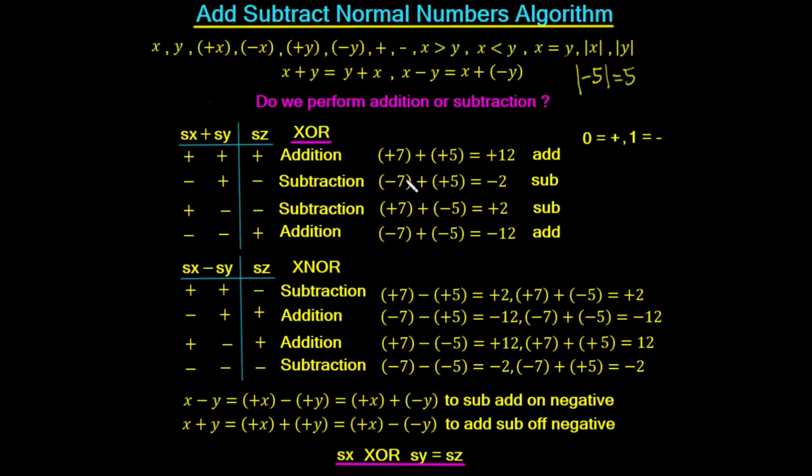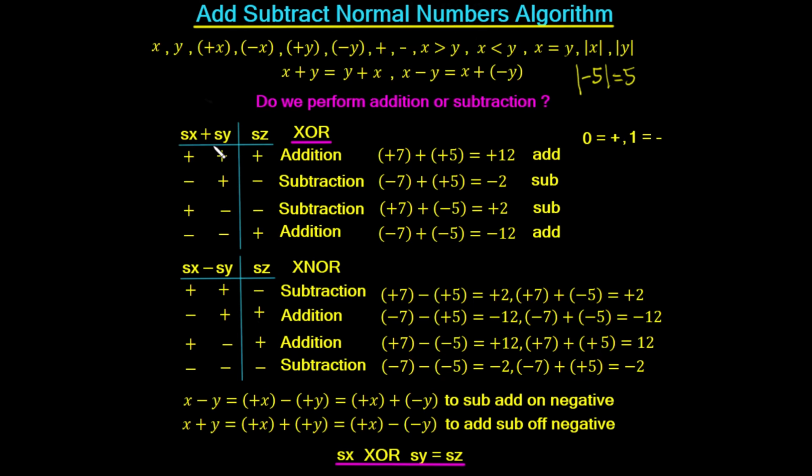We've really said 7 minus 5, which gave us the value of 2, and then the sign is computed separately and we've got a negative value for the sign. So if these signs are different, then we perform a subtraction algorithm. But if the signs are the same, we perform an addition algorithm.